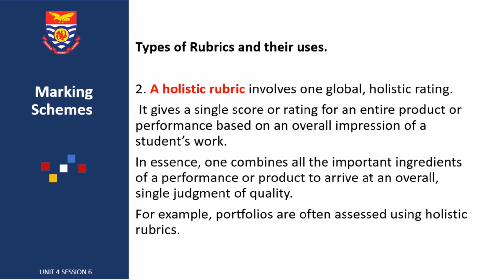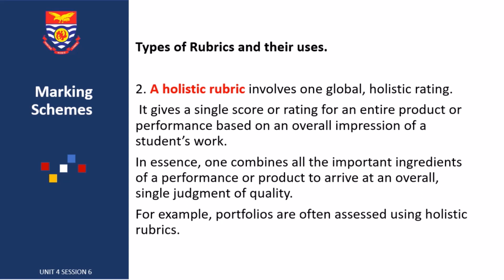So for example, portfolios are often assessed using holistic rubrics. So you can say step 1, B1 for factual, and then M for method, A for answer, and then expanding grouping. No, they judge the total as a whole, so the marks will be awarded.